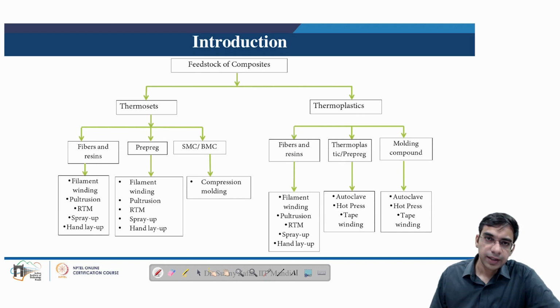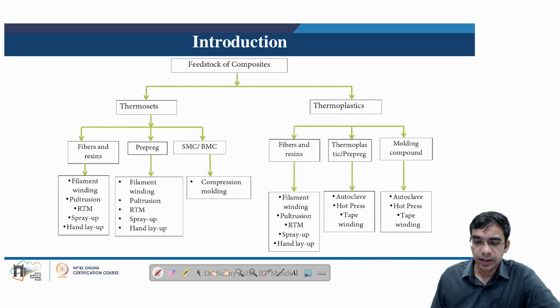In the pre-preg category we have the filament winding, pultrusion, again we have the resin transfer molding, hand layup and spray layup. Then we have the sheet molding compound, which is abbreviated as SMC, or the bulk molding compound, which is abbreviated as BMC, in which primarily the compression molding technique is more popular.